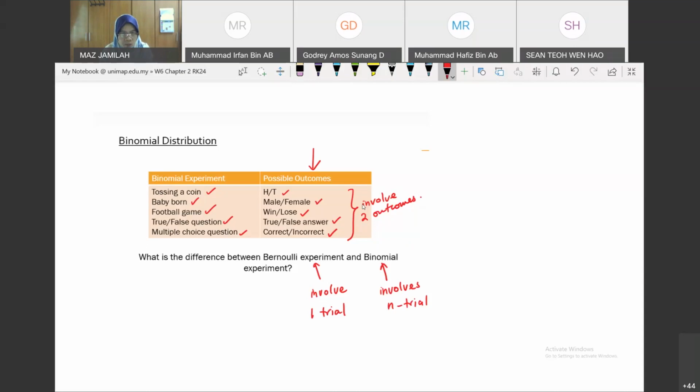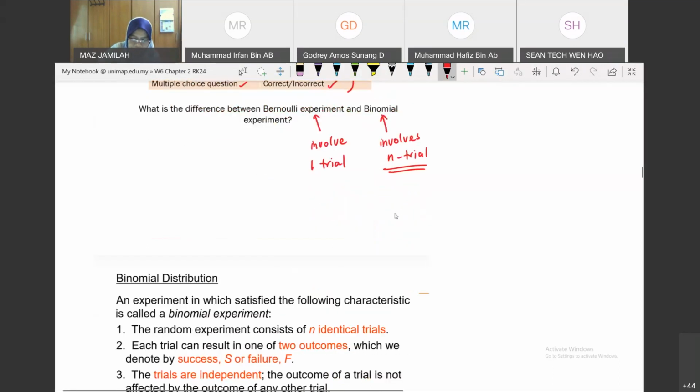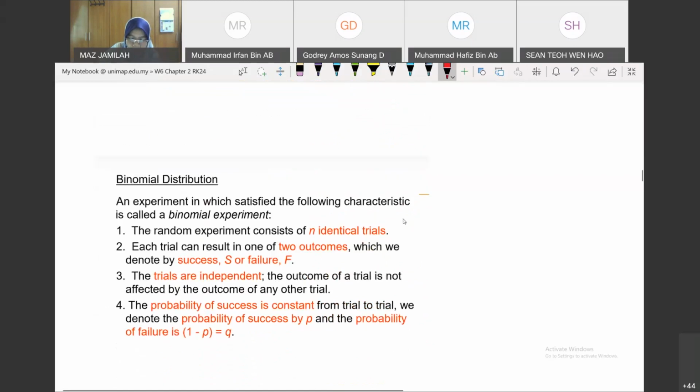What the outcomes are depends on how the researcher defines them. But in terms of the difference, binomial involves n trials, so there will be more than one trial. Bernoulli, only one trial. Now, let us see in specific what the criteria are for binomial probability distribution.